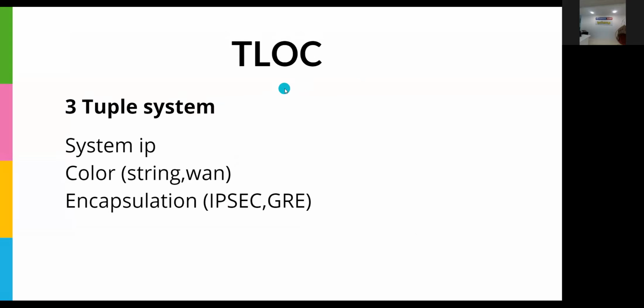So TLOC, guys, is basically the next hop for the communication. And there are certain things which are different in this particular TLOC as compared to a plain and simple next hop.